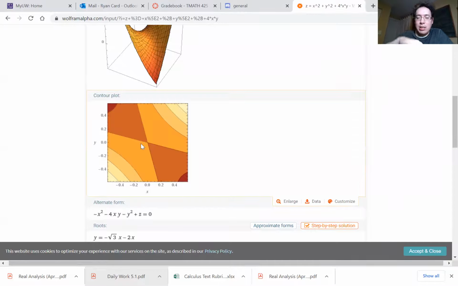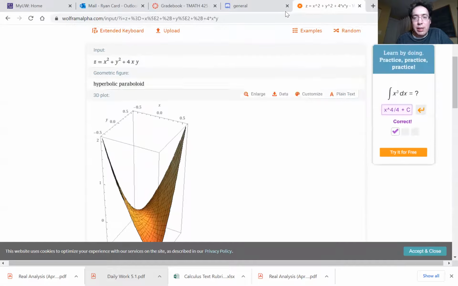So there's a saddle there. That's just graphing, but trying to give you an intuition of exactly what the second mixed partial derivative is doing to the graph. So it twists it somehow. At least that's how I keep it in mind.